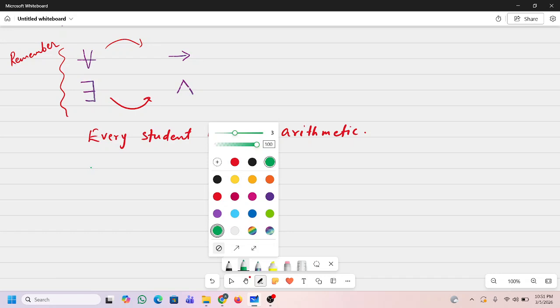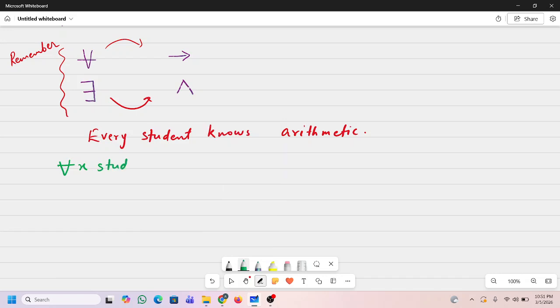The first can be for all x, student(x), and since there is for all, we should have implication as I said, and then knows(x, arithmetic). This means that for all x, if x is a student, then this implies that x knows arithmetic, right?